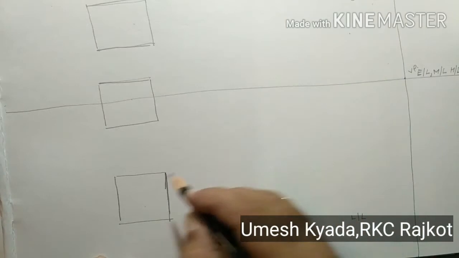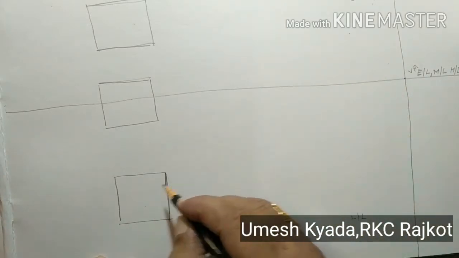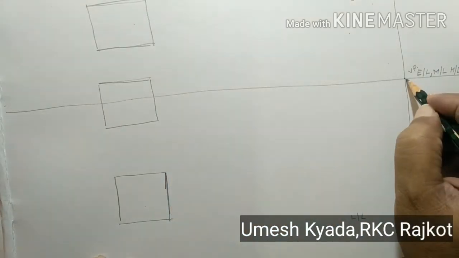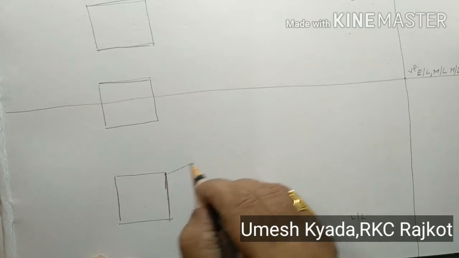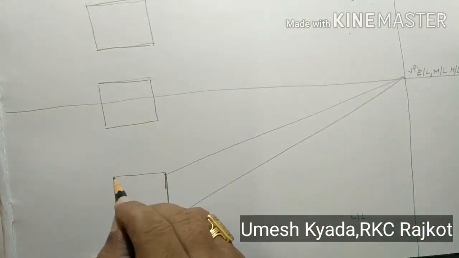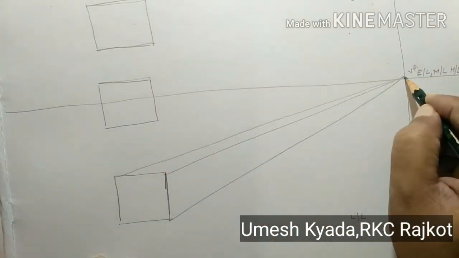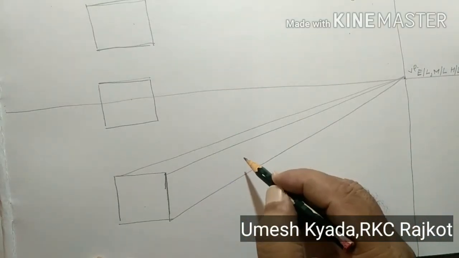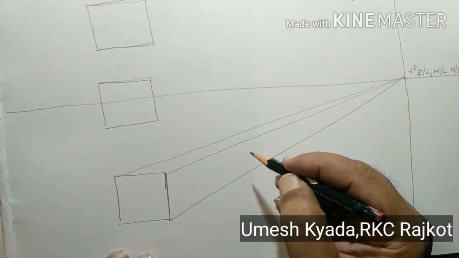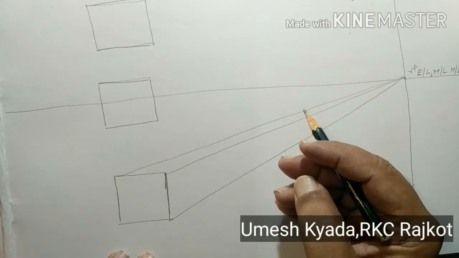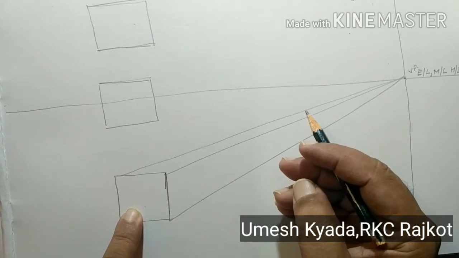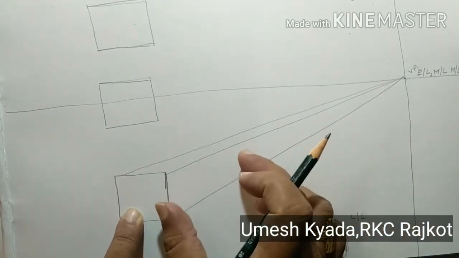Now I will create cuboid. I will take line from vanishing point to this corner, to vanishing point, and this corner to vanishing point. Now I have to guess how broad I have to make it, or if an object is in front of you, you have to see it, according to your front portion, in proportion how long it is.